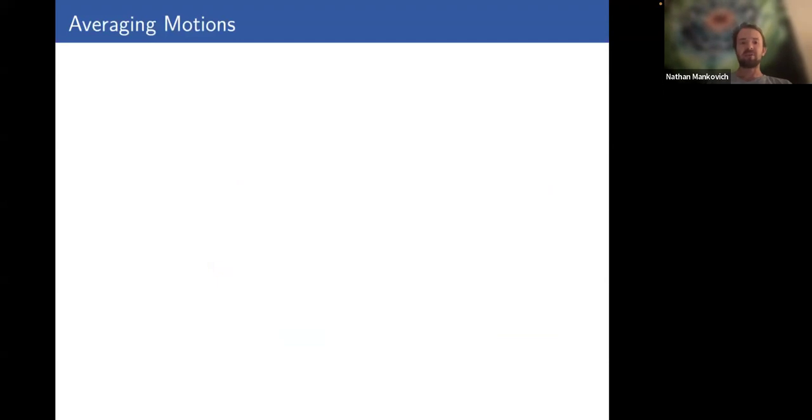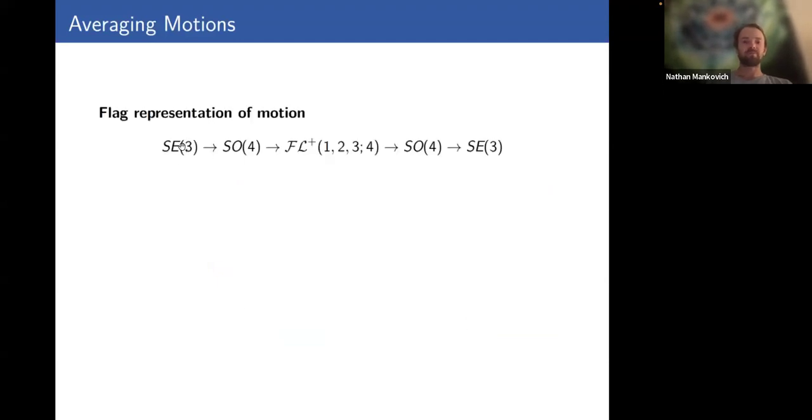And we use these to average motions. So it turns out that there's a way you can represent motions in Euclidean space. So these are rigid motions that involve rotations and translations. We call it SE3 is what we'll call the group. There's a map from this that takes you to oriented flags.